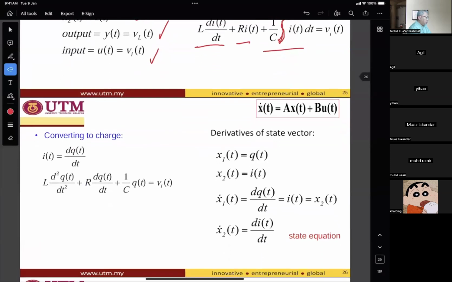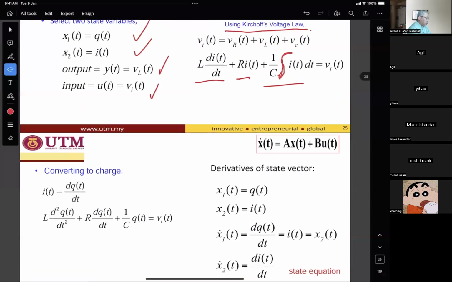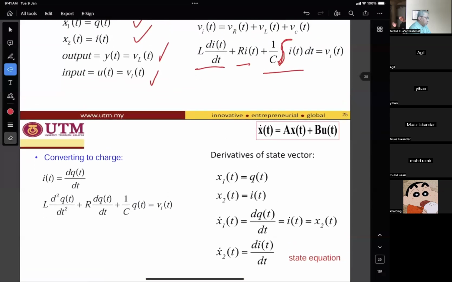So we convert the state variables. Okay, we know that I is equal to dq over dt, which is the rate of change of electrical charge with respect to time. And then we insert this I inside the main equation, the KVL equation.